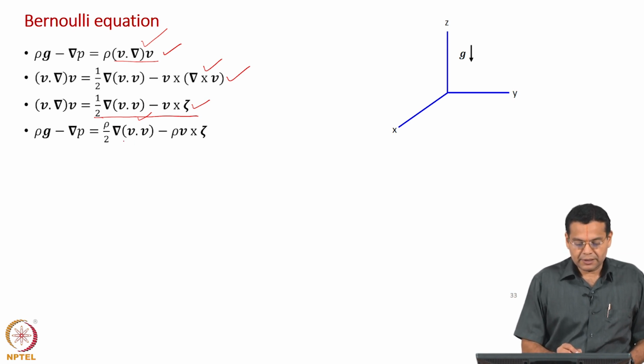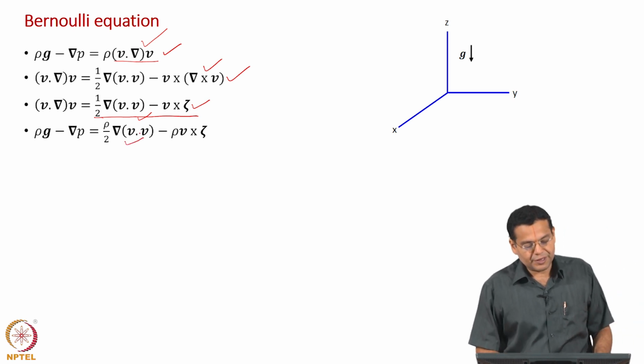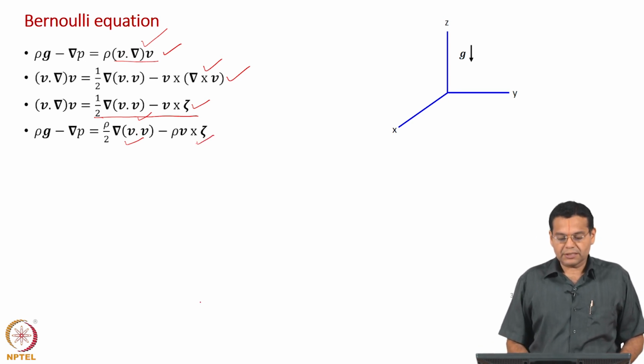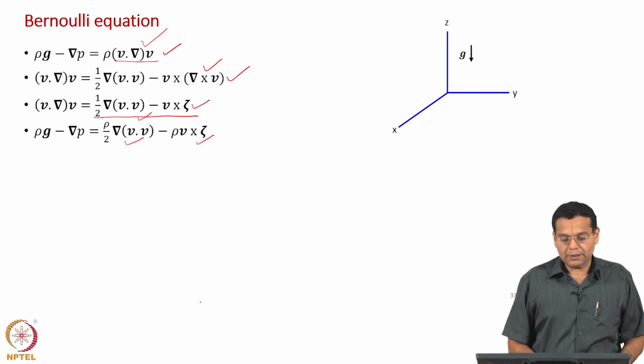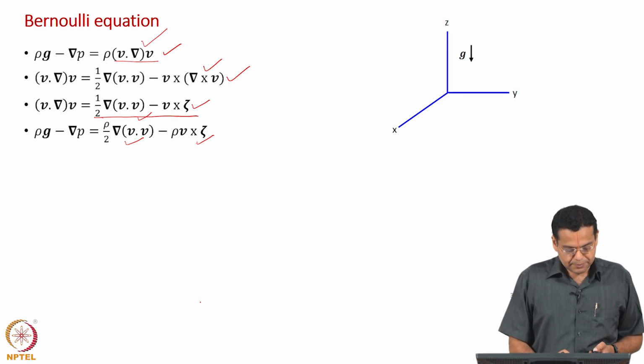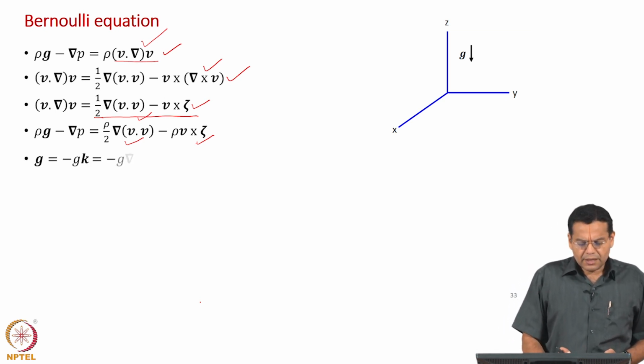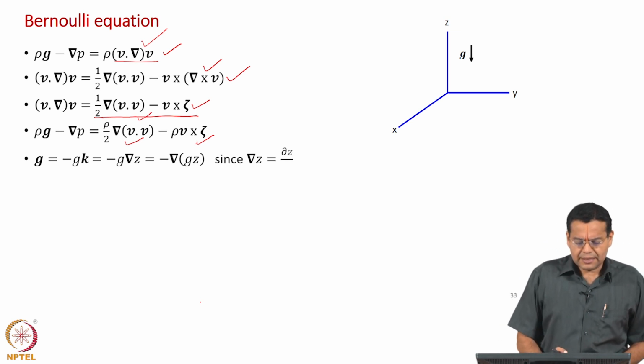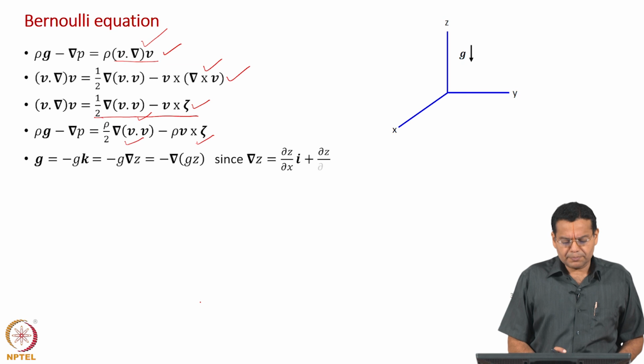And that is why we have here a gradient of V dot V, and then we have V cross the vorticity vector, of course multiplied by rho. Now let us take this gravity vector and try to express that in terms of a gradient.